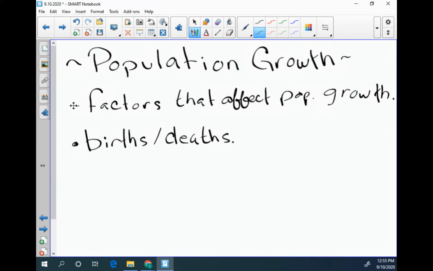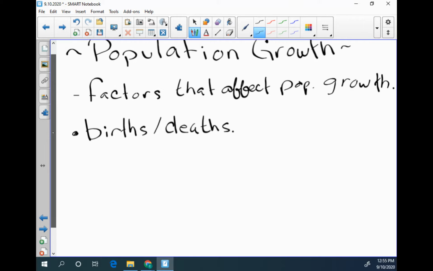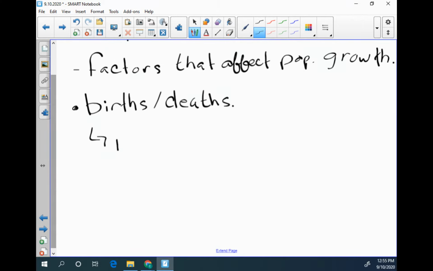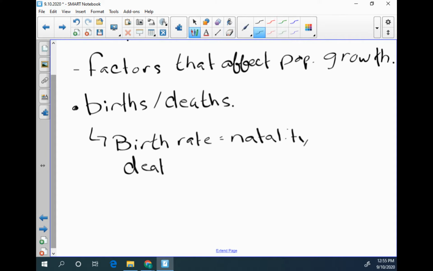So, birth rate is also known as natality. Death rate is mortality.